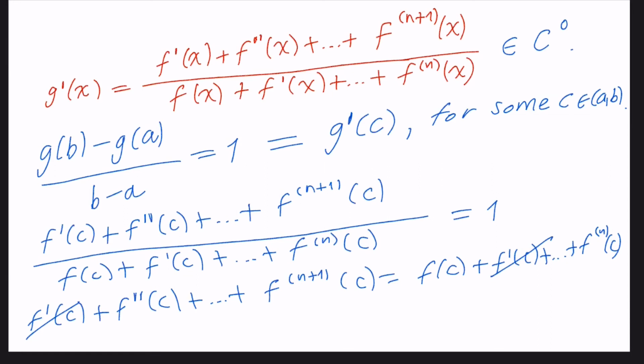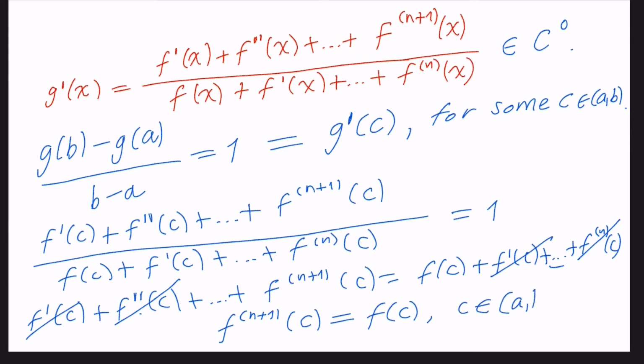So the first disappears with the first, the second disappears with the second from the dots, and the n derivative will be cancelled, but one term of the left hand side remains, because here we have from the second to n plus 1, then we have to go for n and then it will eliminate, and we will have finally that the n plus 1 derivative of f evaluated in c is equal to f of c for some c that belongs to a to b, and this is what we wanted to prove.